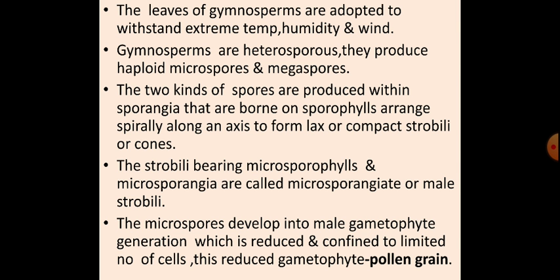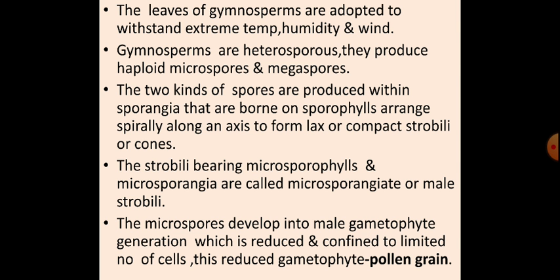Understand this much. Gymnosperms will have a sporophytic plant body. They produce heterospores, that is microspores and megaspores. So spores are produced within the sporangia. Sporangia contain sporophyll. Sporophyll will have strobili or cones.